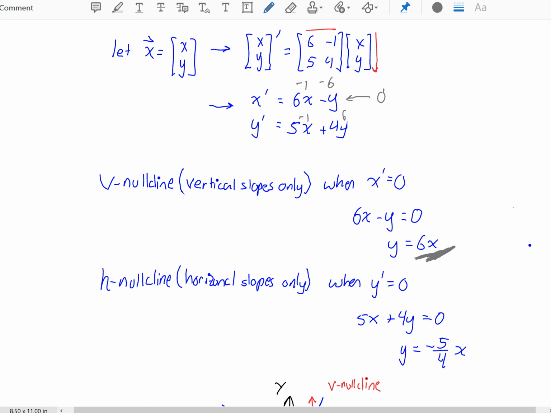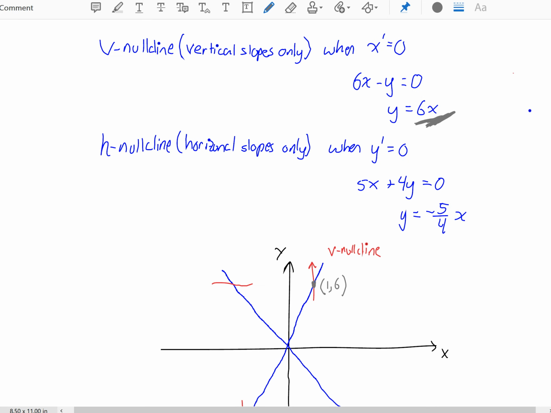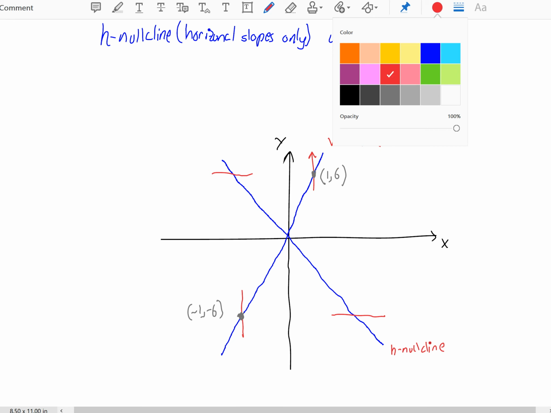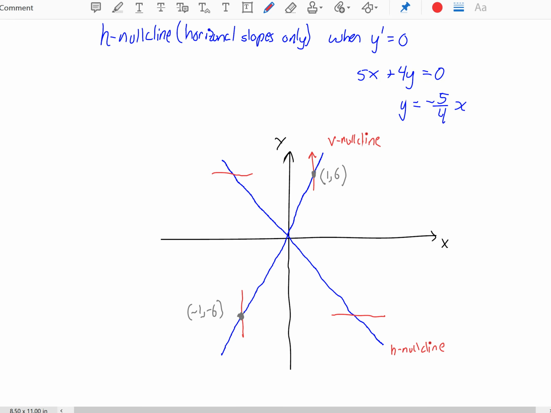But when you plug in -1, -6 into your second equation, this ends up being negative, which tells me at the point -1, -6, our y prime component is negative, meaning solutions will have to be moving downward here.